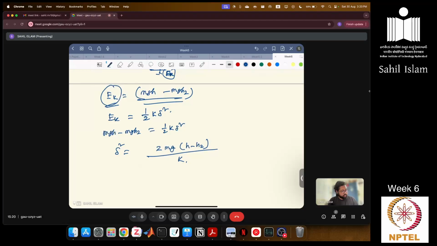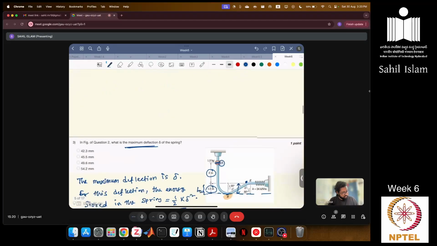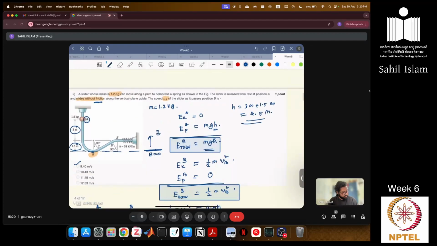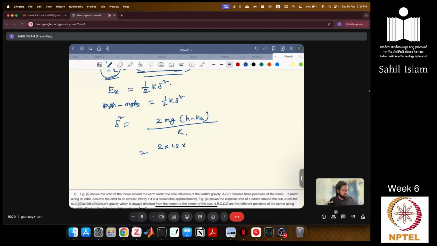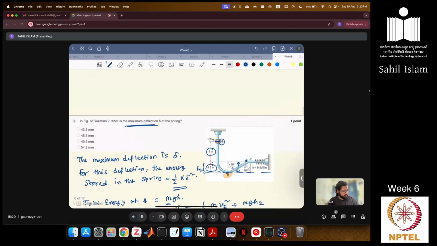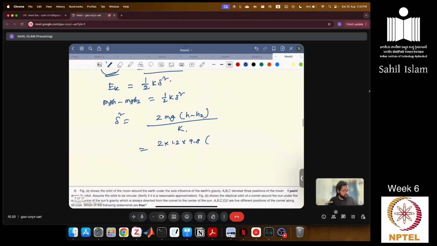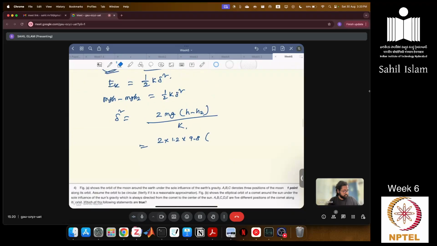So 2 times m, which is 1.2 kg, times 1.2 g, 9.8. h minus h2 is basically this length, so this is 3 meter. So this is 3 by k.